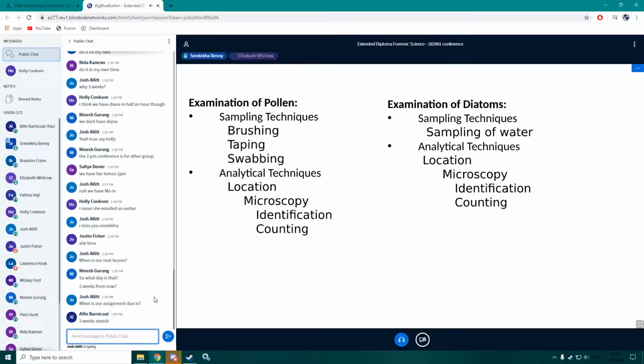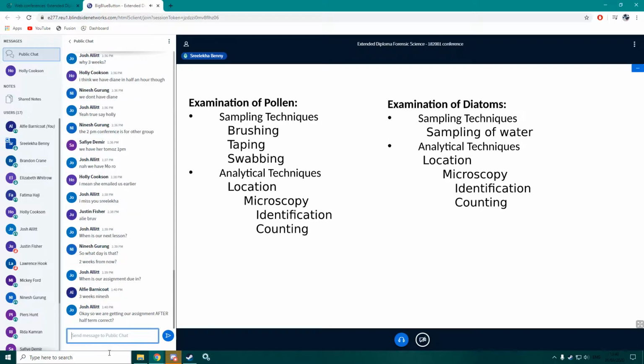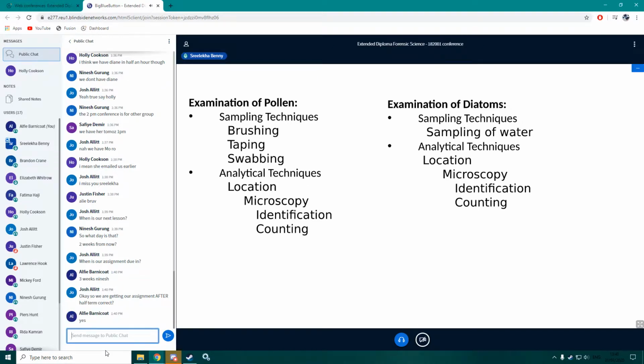So this is nothing related to the decomposition and the insects. This is new stuff like soil, and some of you have done archaeology or something in soil.